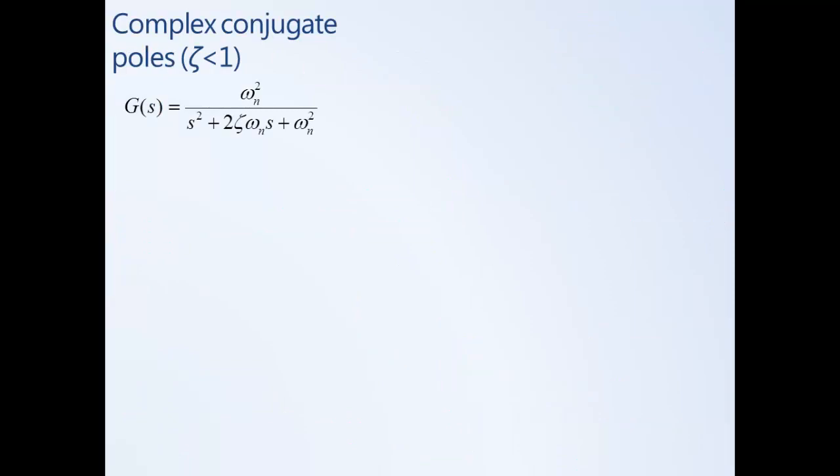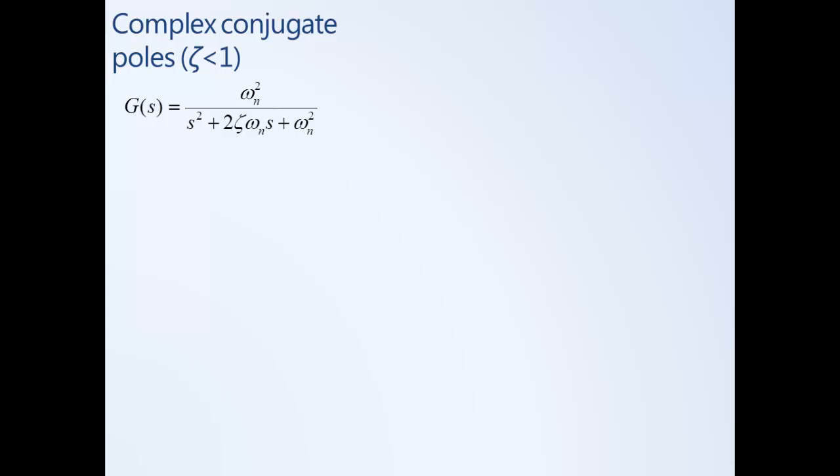To finish out filling out our library of components, we now need to address complex conjugate poles and zeros, those poles and zeros that are underdamped. Looking at this really quickly, we in essence have something with no zeros and two poles.